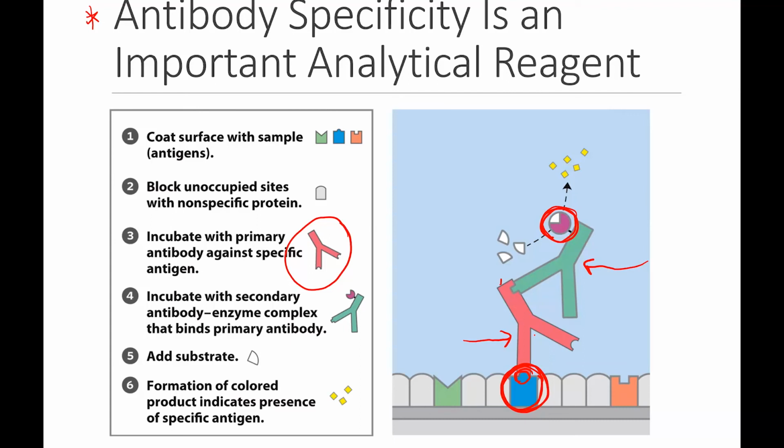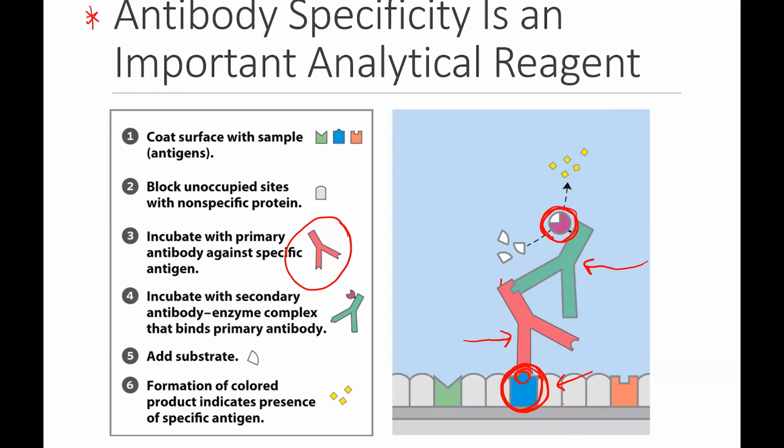And in this way, what we can do is just look for how much color is present or how much fluorescence is present, and that will tell us how much of the protein we're interested in is present in that sample. So again, this is a very, very important analytical reagent that we use, which is using antibodies to our advantage to help us understand more about samples.